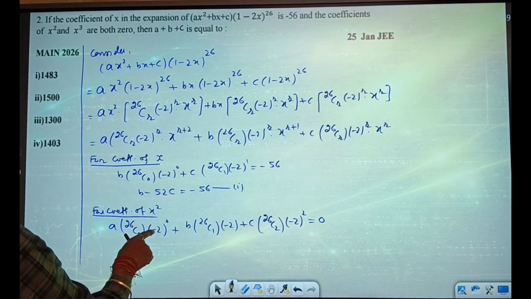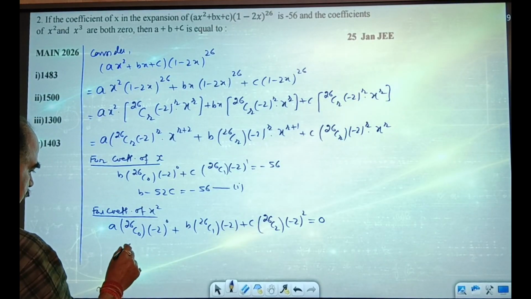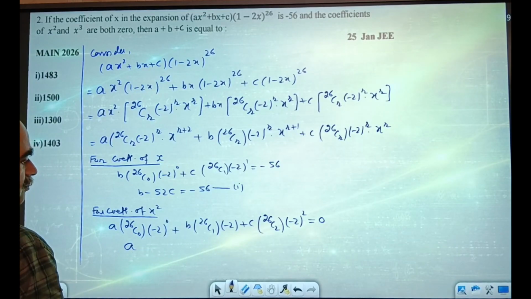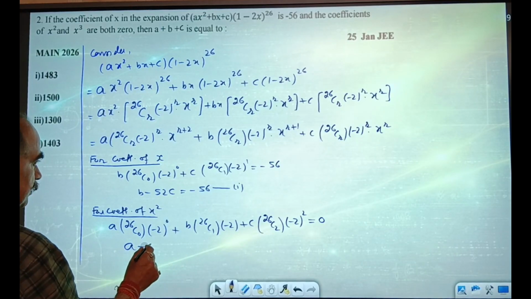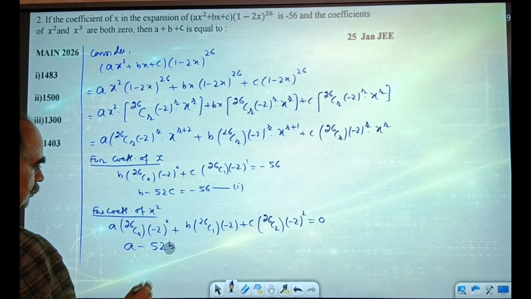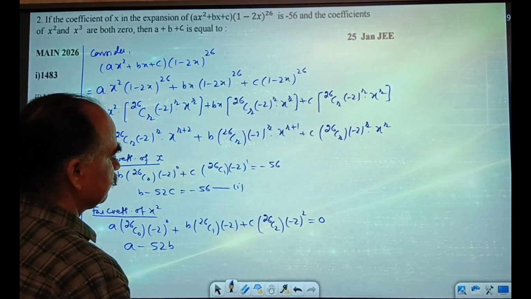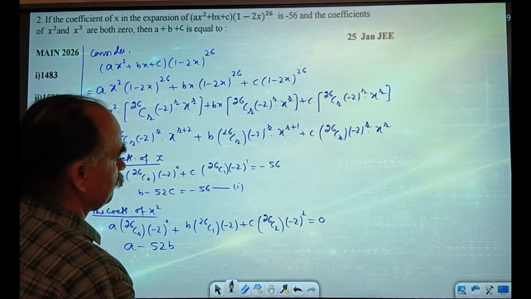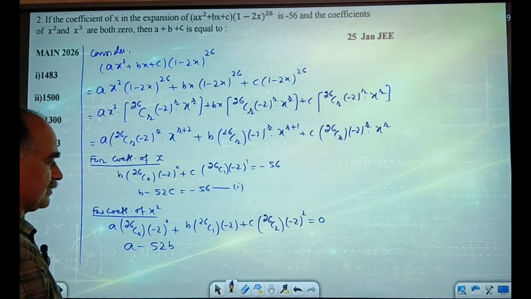So this gives A minus 52B, and 26C2 is 26 into 25 upon 1 into 2, which is 13 into 25.